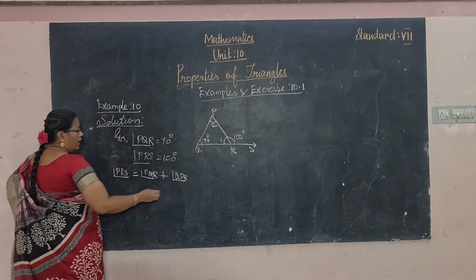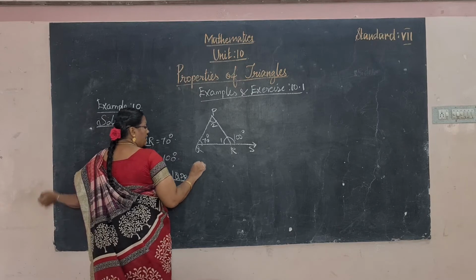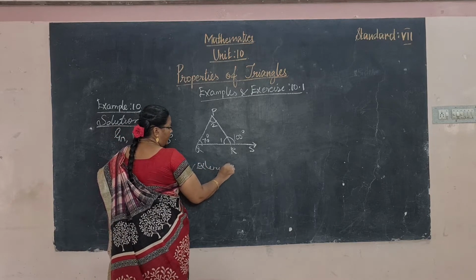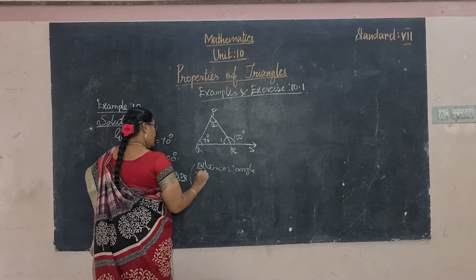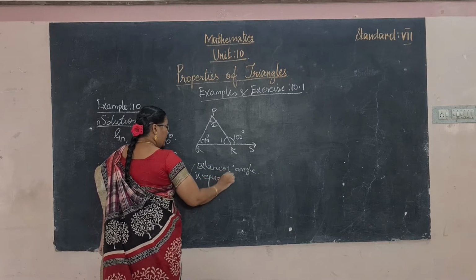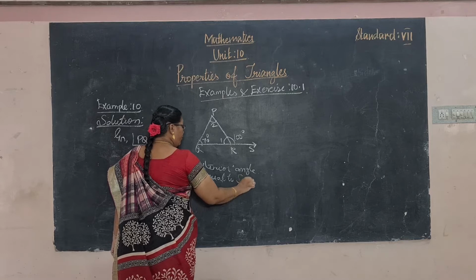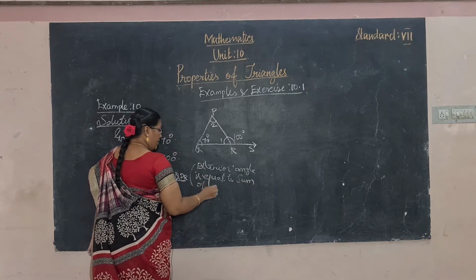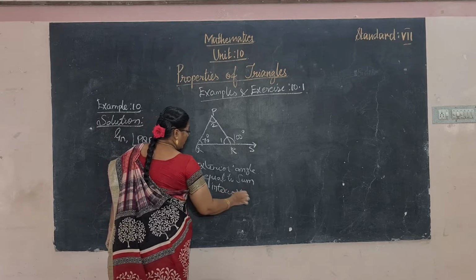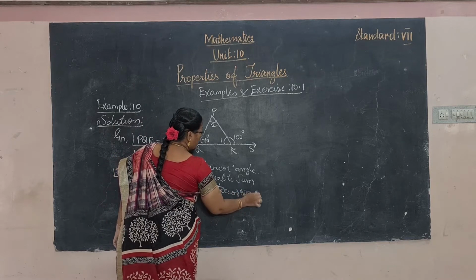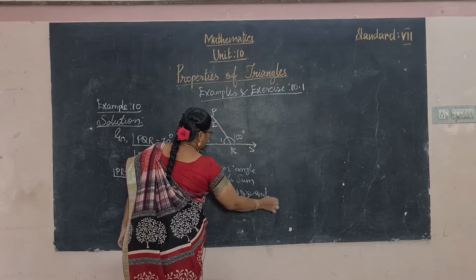Here write: exterior angle is equal to sum of interior opposite angles.